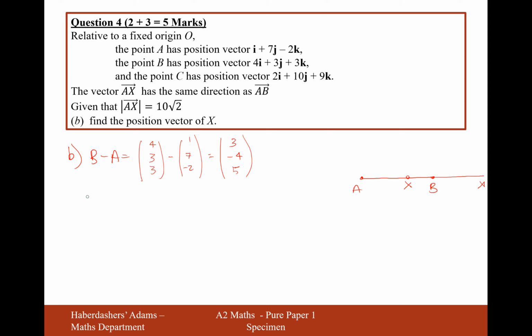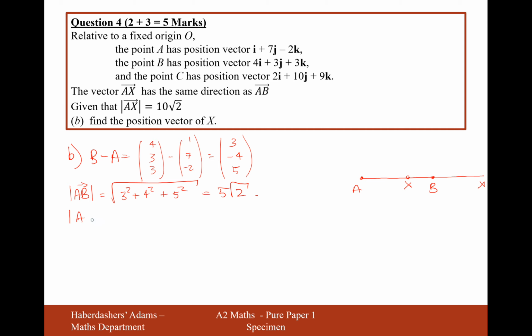Okay, so what would be interesting to do now is to work out the distance from A to B, and then we can see what the scale factor multiplier is from A to B to A to X. So this is going to be the Pythagorean distance of 3 squared plus 4 squared plus 5 squared, which is going to be, well, I know that that combined makes 25, so it's going to be 25 plus 25 is 50, so that's going to be 5 root 2.